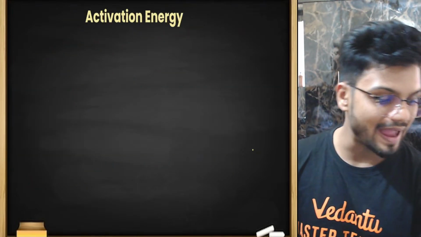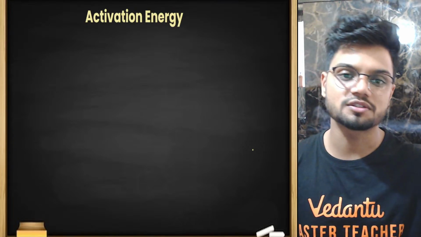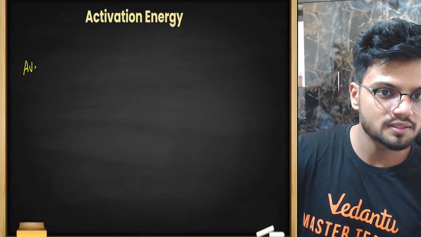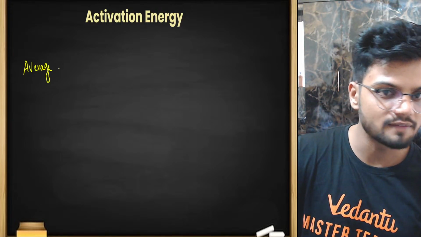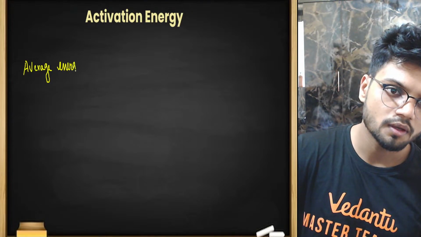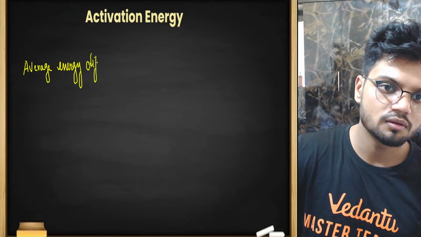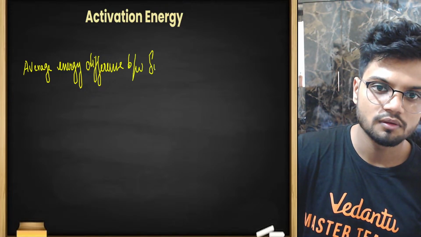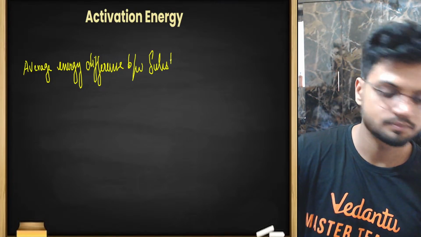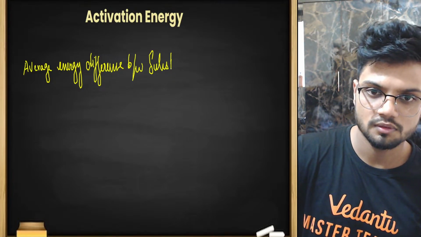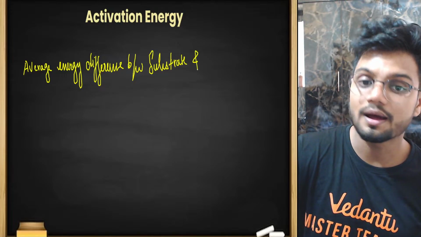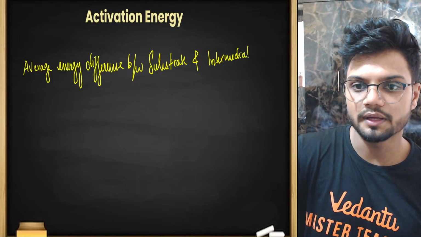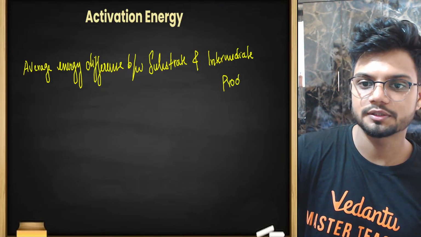Now, students, there's something called as activation energy now. Now, what is the meaning of activation energy? Very simple, again, understand. Activation energy is nothing but it is the average energy difference between substrate and intermediate product.